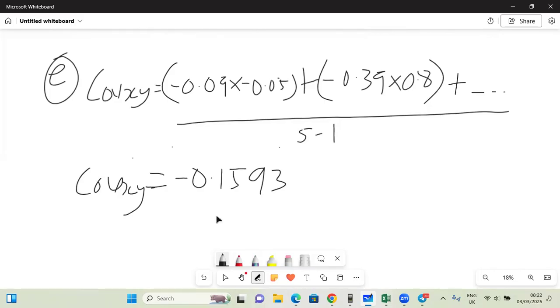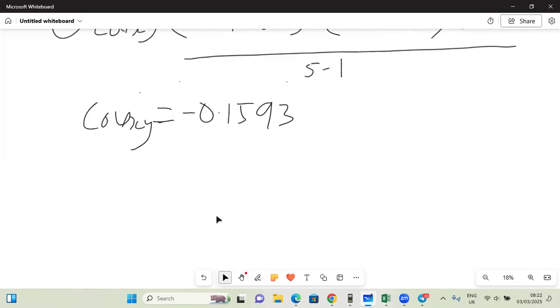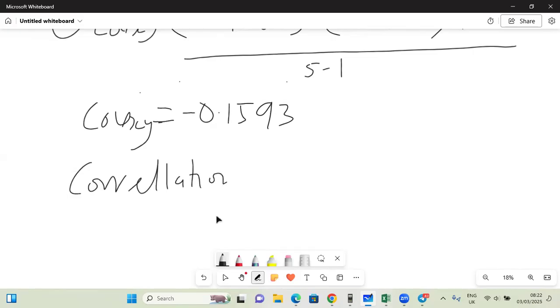So if we want to get the correlation, remember correlation has a formula: correlation is equal to covariance over the standard deviation of X times the standard deviation of Y.